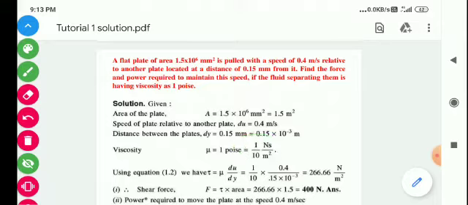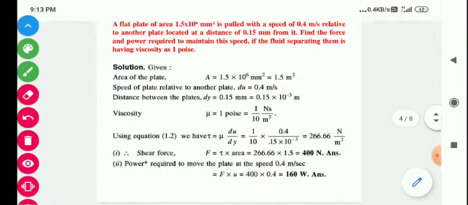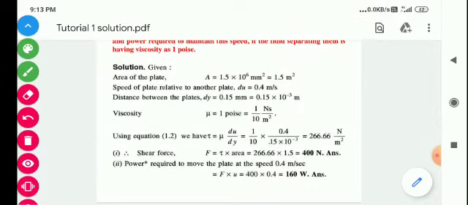So put all the values in this formula. After putting all these values, you will be able to calculate the value of shear stress. So the value of shear stress will be 266.66 Newton per meter square.